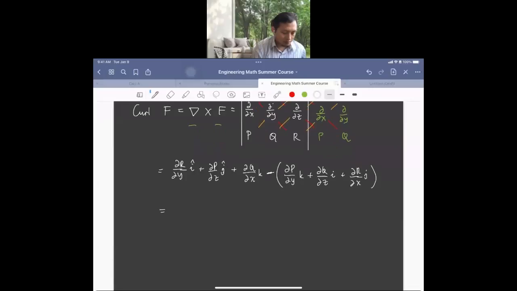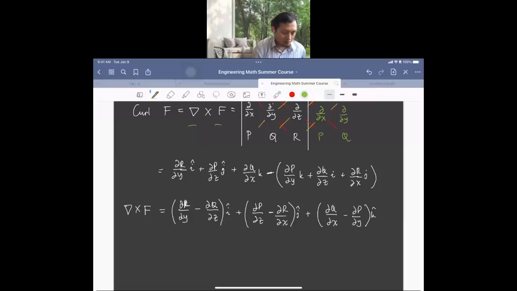Then we group all the i, j, and k: dou R dou y minus dou Q dou z, and then minus dou R dou x, and then j, and then plus dou Q dou x minus dou P dou y. Now this is the curl, so del cross F.